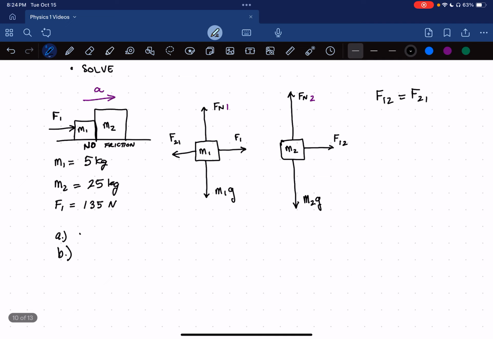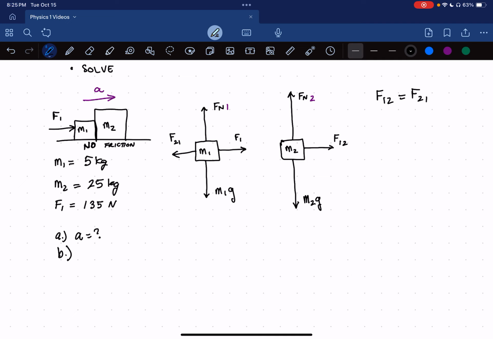Now, question A is, what is the acceleration? They're going to have the same acceleration. You push on 1, and mass 1 is pushing on mass 2, and you're pushing them together, so they accelerate together. The next thing we need to do is figure out which forces are contributing to that acceleration, and really, we're looking at the horizontal forces.